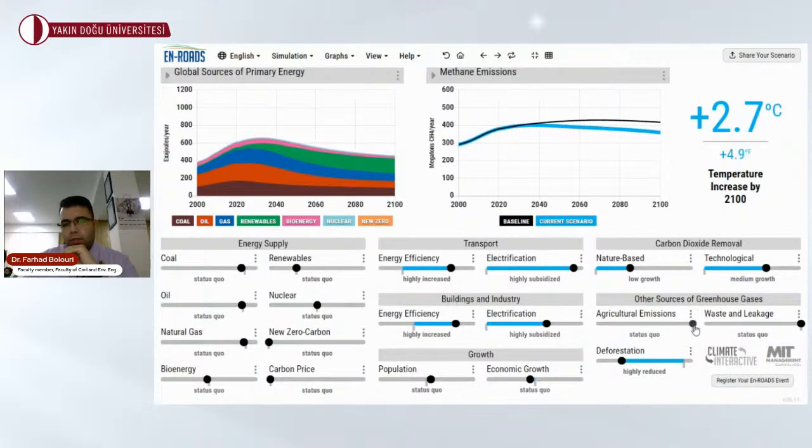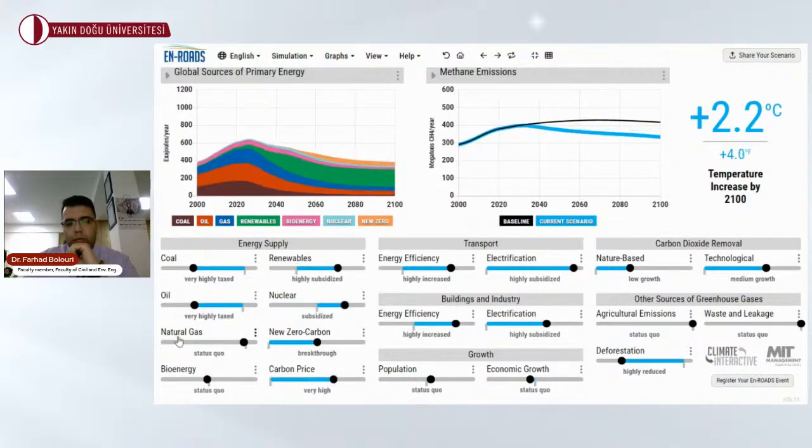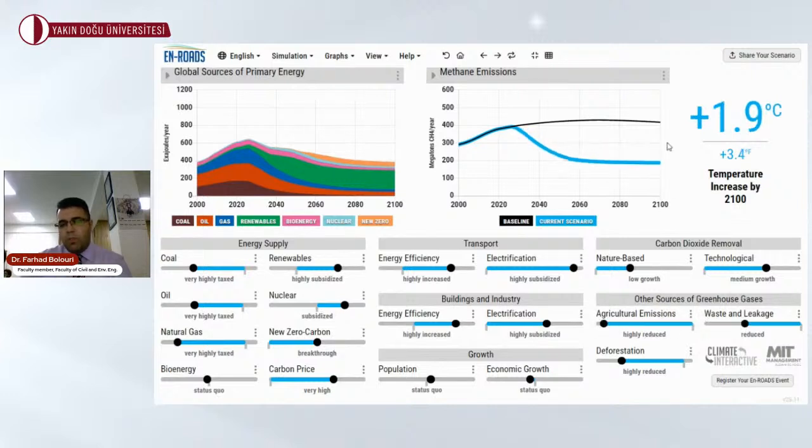If you see, when I do this and the other policies, they are not affecting it so much. Because of that, it is so important that you know which policy is related to which one. As you see, just the waste and leakage, and especially agriculture emissions can affect methane gases.